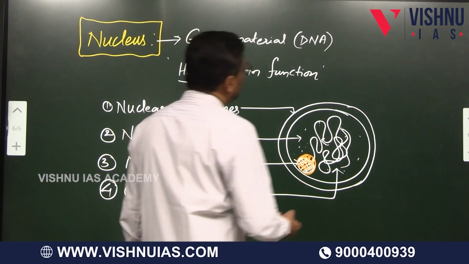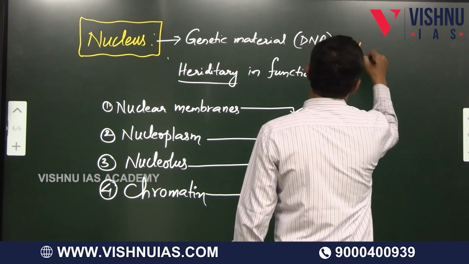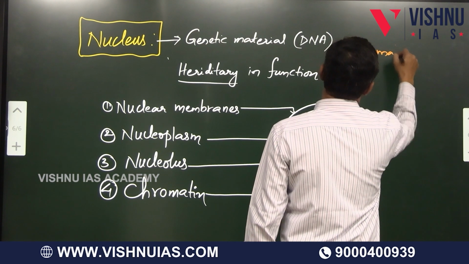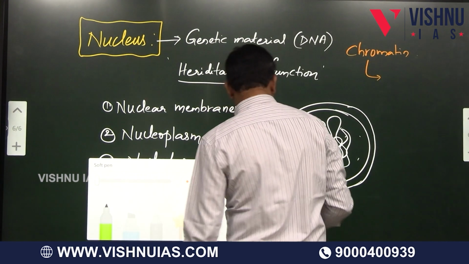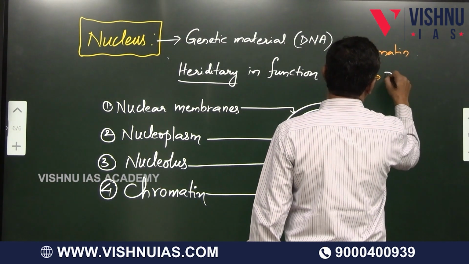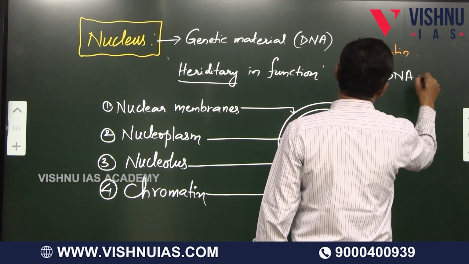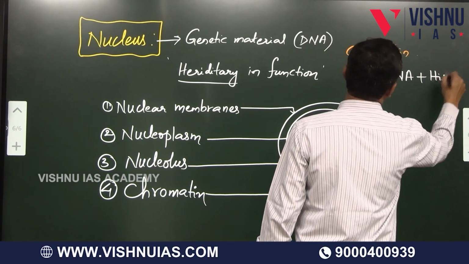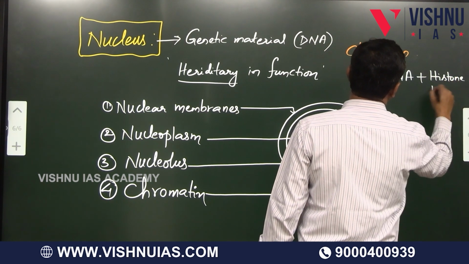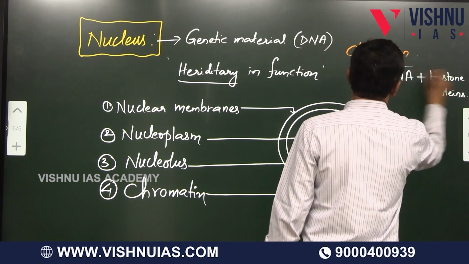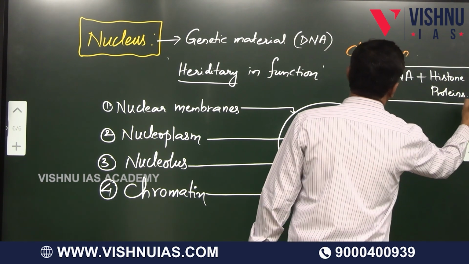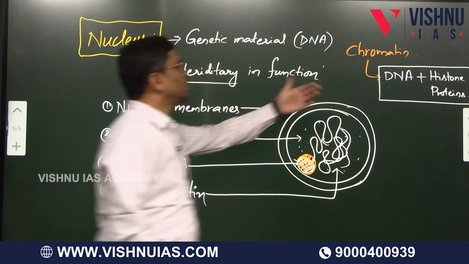If you observe the composition of this chromatin, it is made up of DNA and histone proteins. Majorly it contains DNA, and along with this, histone proteins are also present.